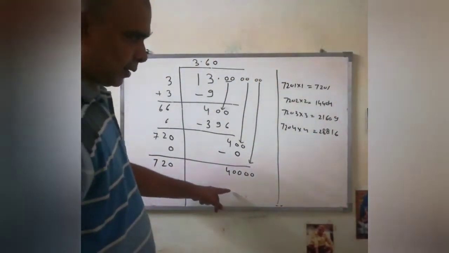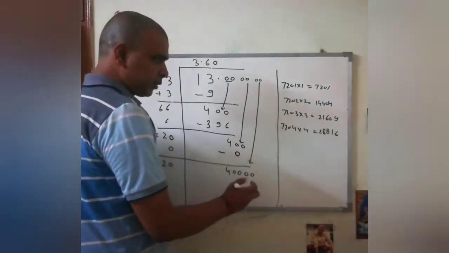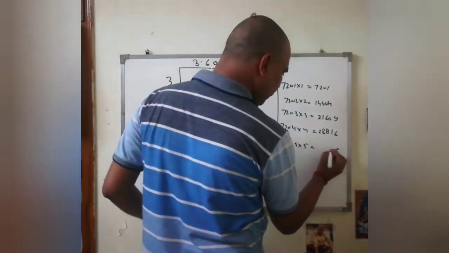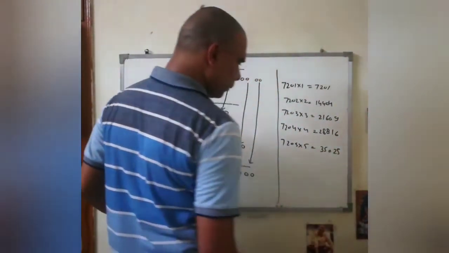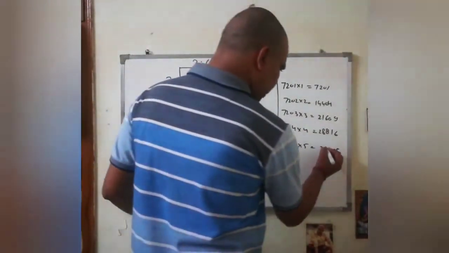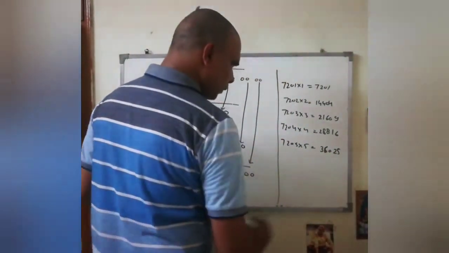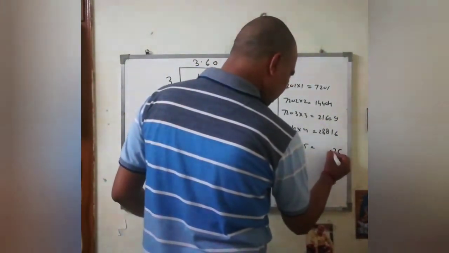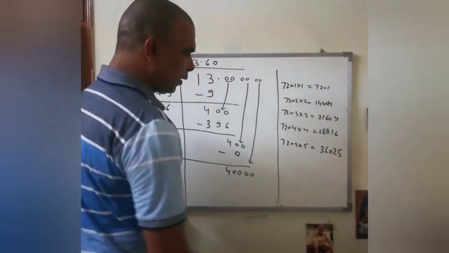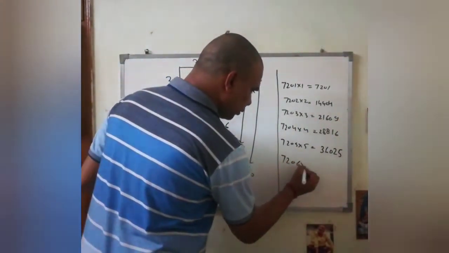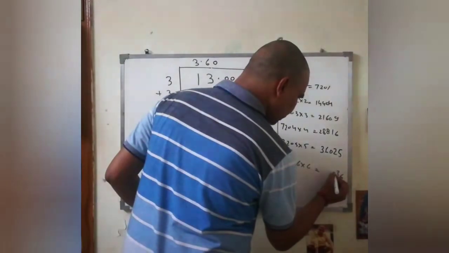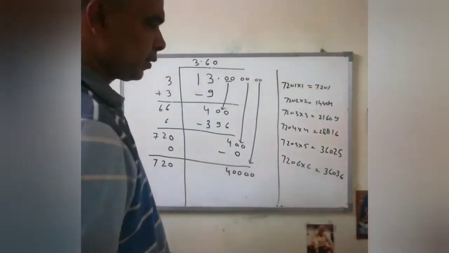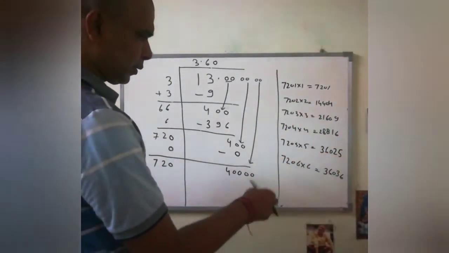It is also very less, and it is the 40,000. 7205 into 5, I think 36025. 7206 into 6, 36.